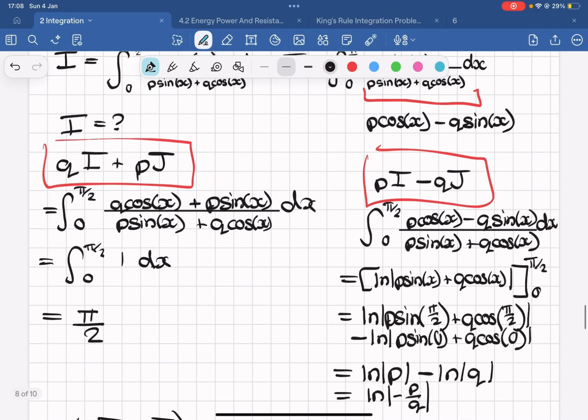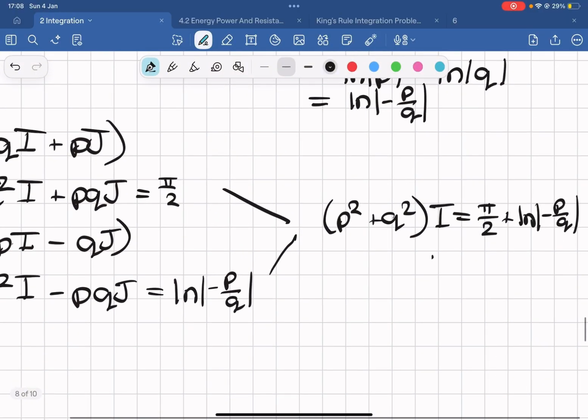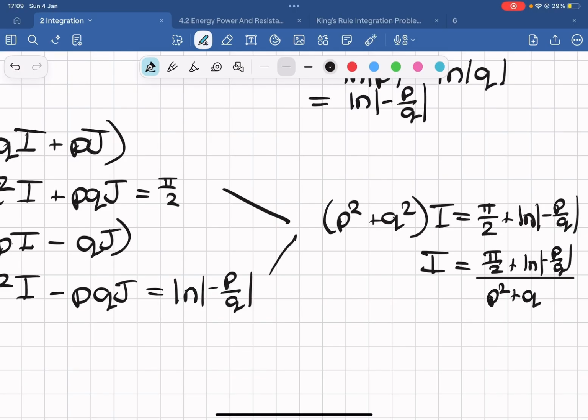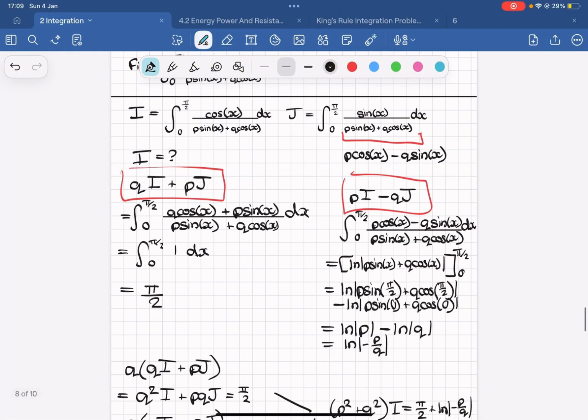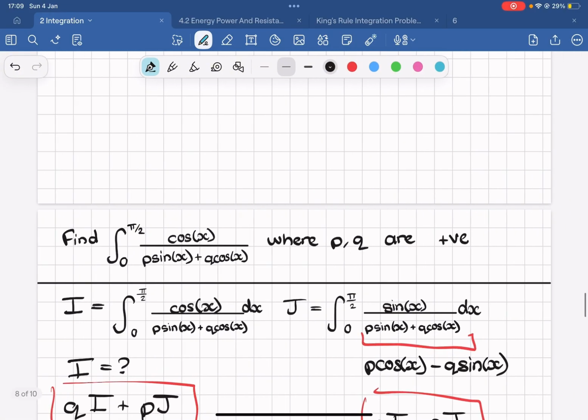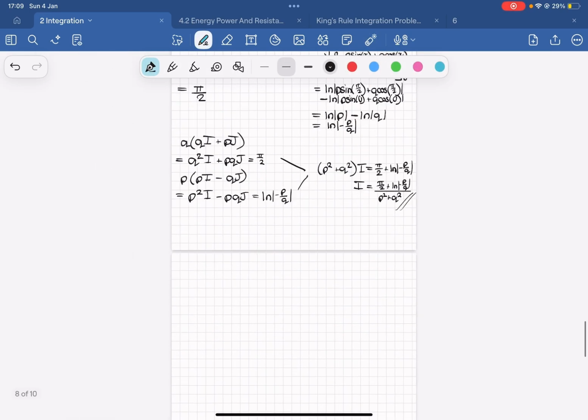And like I said at the beginning of this part, we're trying to find I. So I equals pi over 2 plus ln minus pi over q all over p squared plus q squared. And that is this integral evaluated. On to the final part now.